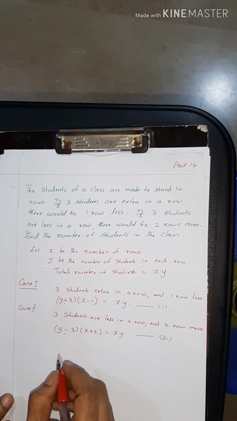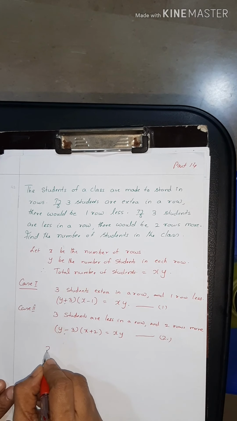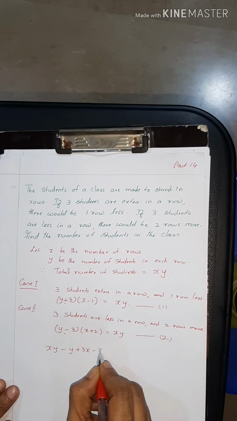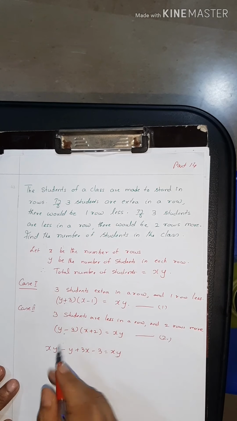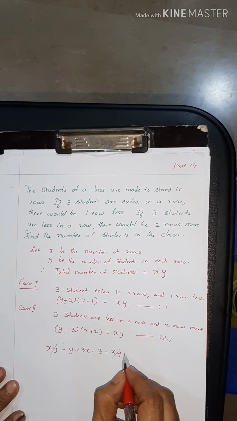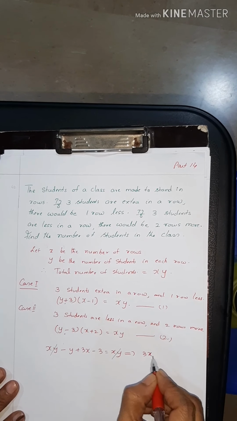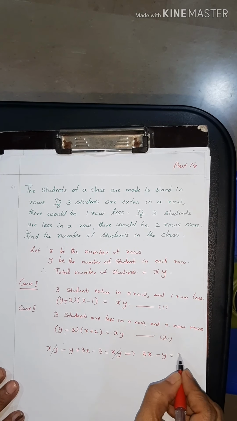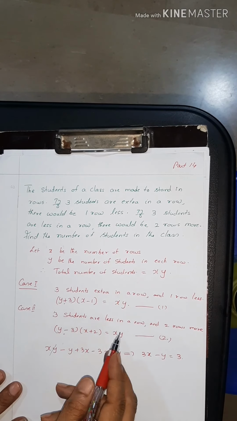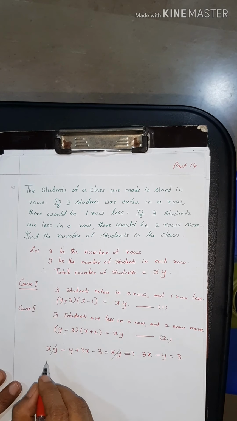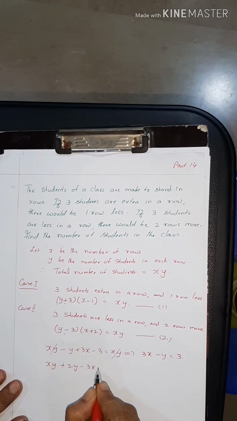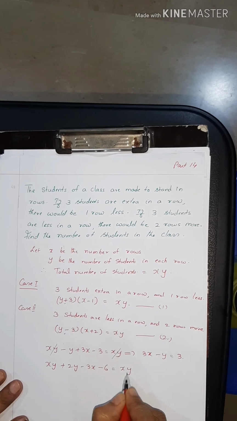Now solving this equation, xy minus y plus 3x minus 3 equal to xy. So xy and xy will get cancelled. So the equation will become 3x minus y equal to 3. Now simplifying the other equation, we have xy plus 2y minus 3x minus 6 is equal to xy.